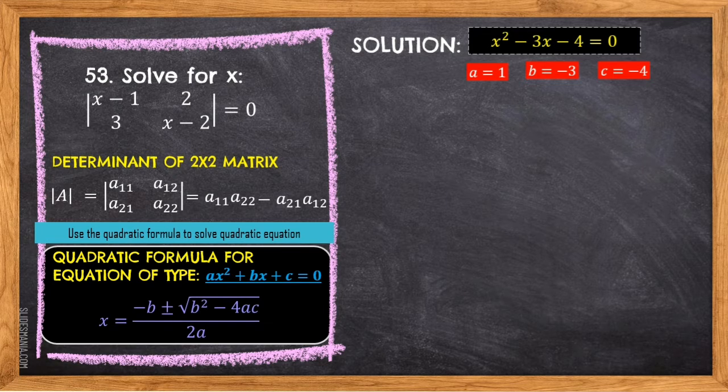Applying the formula, x is equal to negative b plus or minus the square root of b squared minus 4ac all over 2a.